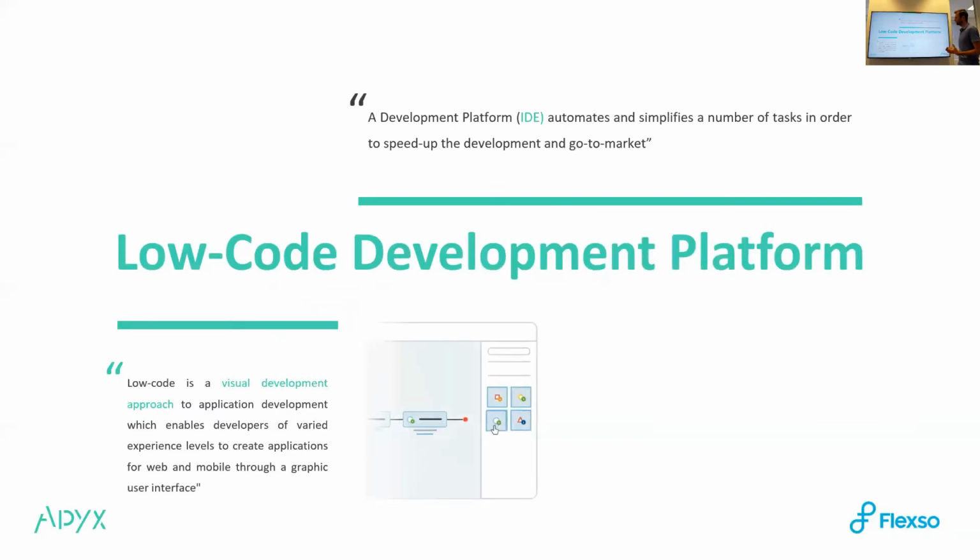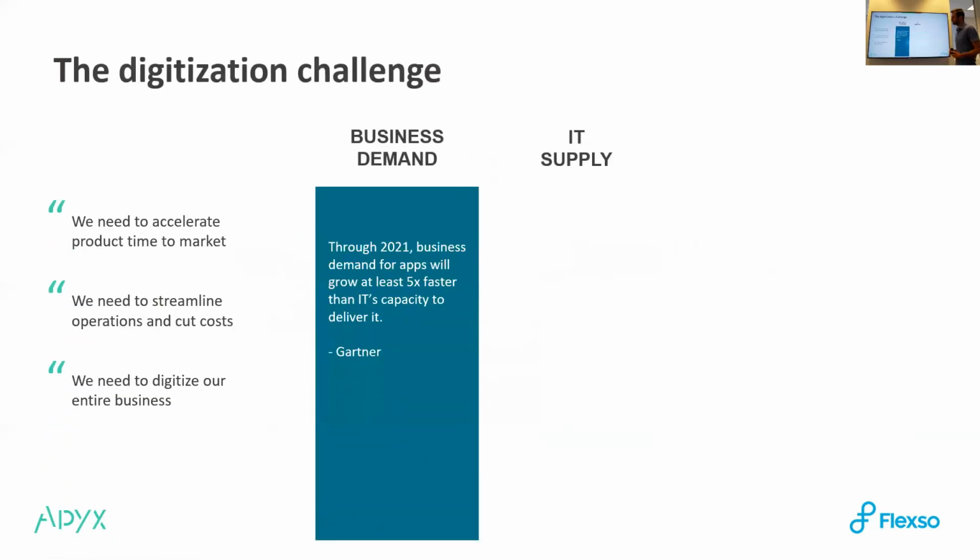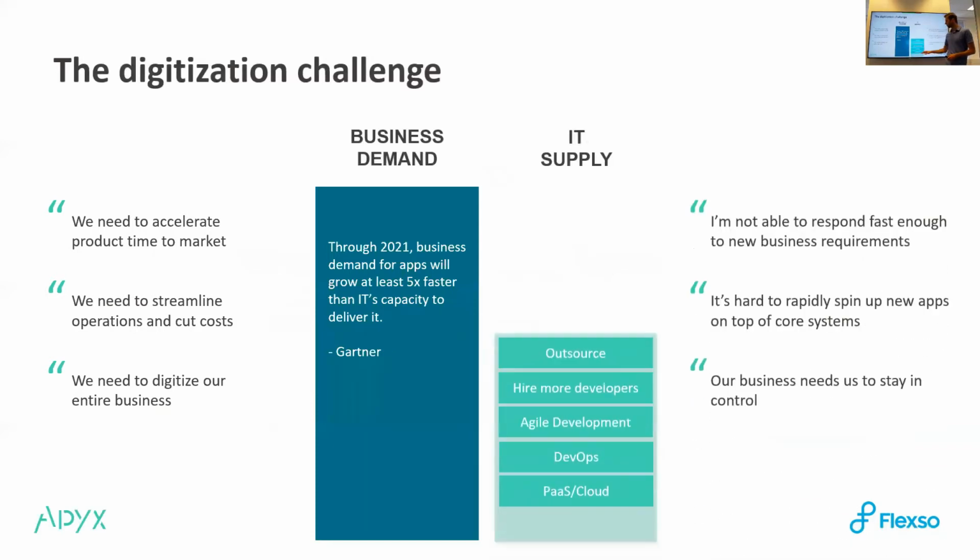It's a development platform, so it automates and simplifies a number of human tasks to speed up the development cycle. The challenge is that business demand for applications is growing and IT is already struggling to keep the pace, despite all the efforts and actions that you are doing.